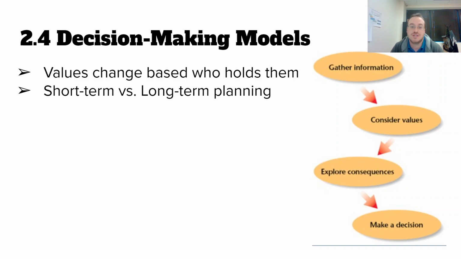So it also looks a lot like the scientific method, right? We're going to gather information, we're going to do our research, right? We are going to pose some hypothetical questions instead of making hypotheses, so that those would allow us to explore the consequences. And exploring the consequences is kind of like making an experiment, but in general, you can't make an experiment for the decision-making models.